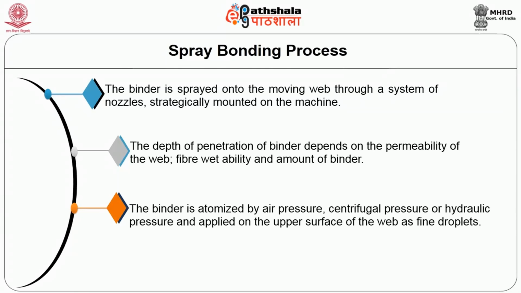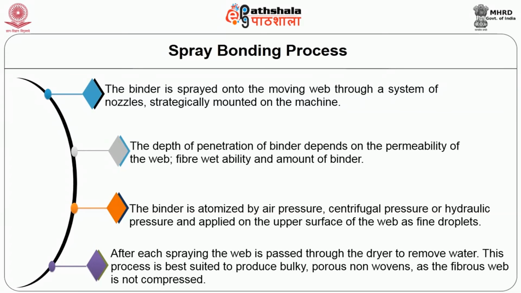The binder is atomized by air pressure, centrifugal pressure, or hydraulic pressure, and applied on the upper surface of the web as fine droplets. After each spraying, the web is passed through the dryer to remove excess water. This process is best suited to produce bulky, porous non-wovens, as the fibrous web is not compressed.